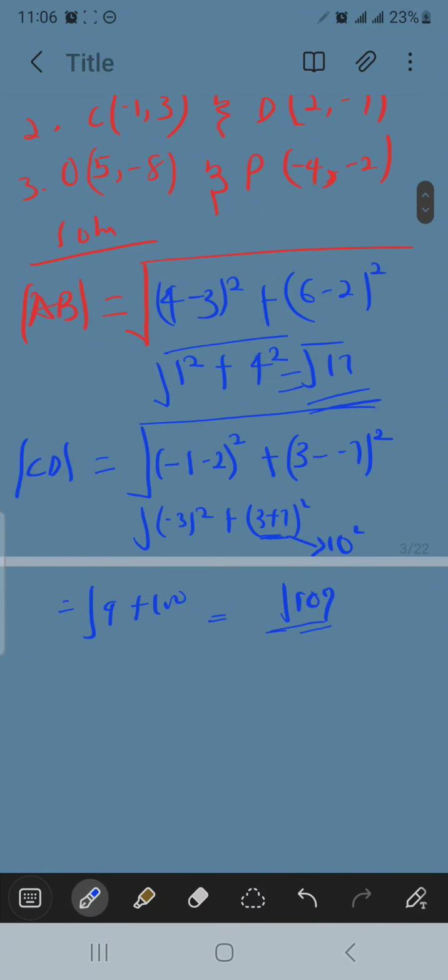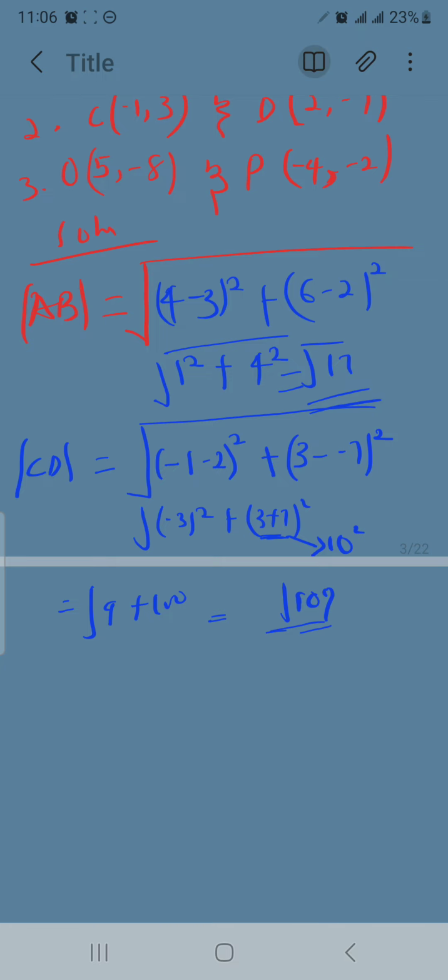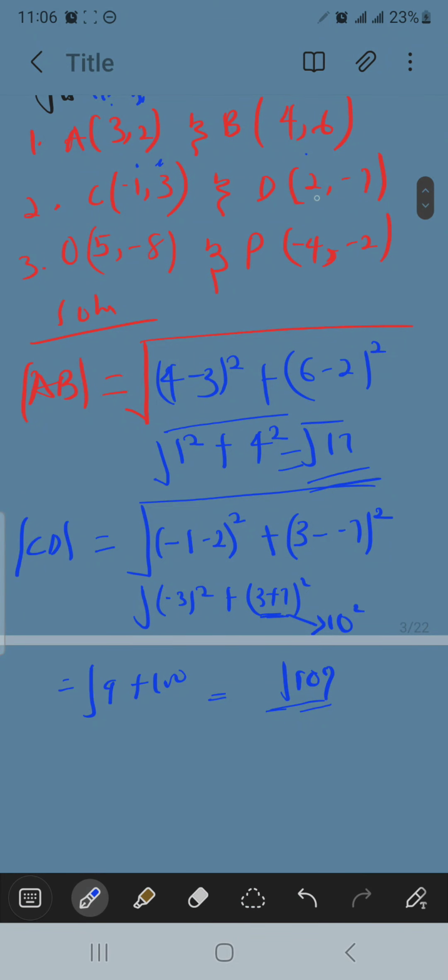Or you do it like this. I said you can pick it anyhow. You can pick this one as x1 by picking this one first. We do it like this. You have 2 minus minus 1, all squared, plus minus 7 minus 3, all squared.